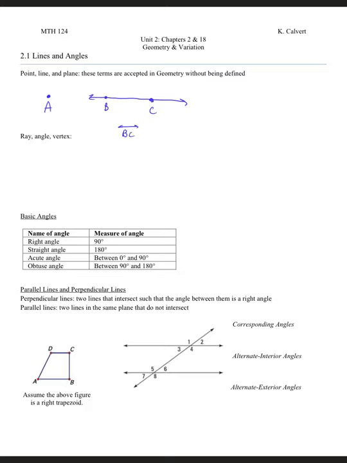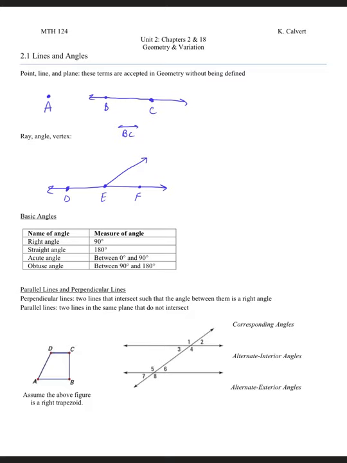The next thing we need to talk about is a ray, an angle, and a vertex. Well, the first thing is if we start with a line, we have a line here. Now I'm going to label this with a point D, a point E, and a point F. Now from this, if I create what we call a ray, meaning it starts at, I'm going to say point E, and it's a line that only goes in one direction.